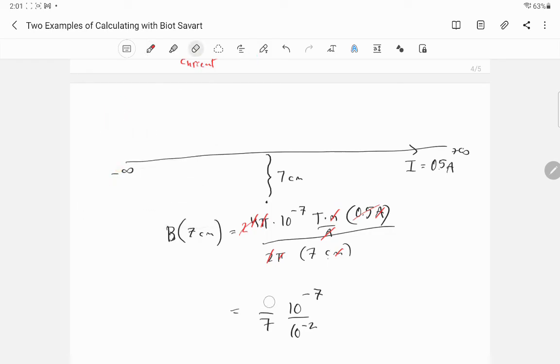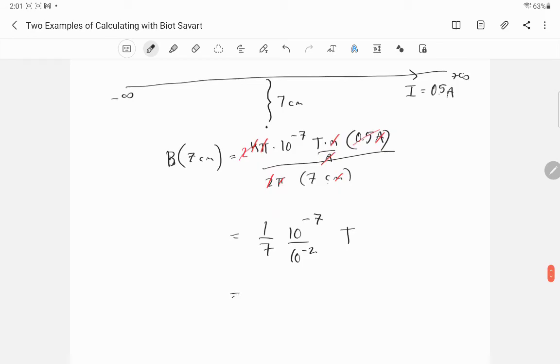Let me use an eraser. Boom. So 1 over 7. And then the unit that's left over is the Tesla. Lucky for us because we're calculating magnetic field, and Tesla is the SI unit of field strength, right? So we can clean this up a little bit. It's 1 over 7 times 10 to the minus 5 Tesla. And that'll be the magnetic field at 7 centimeters, right?